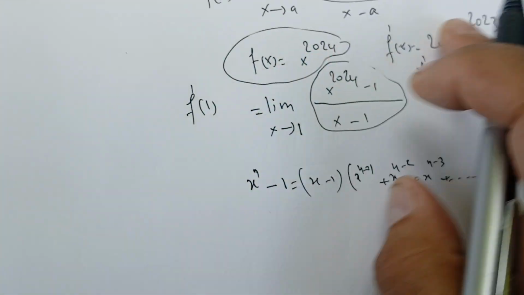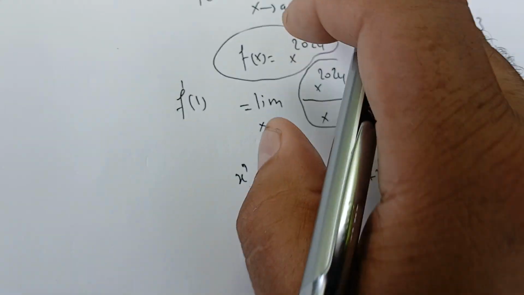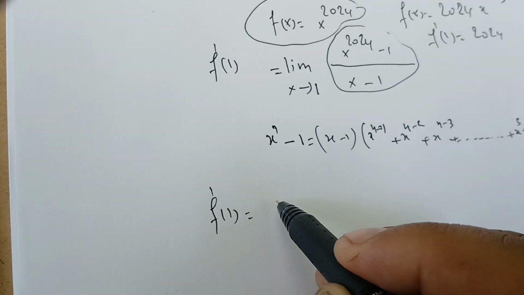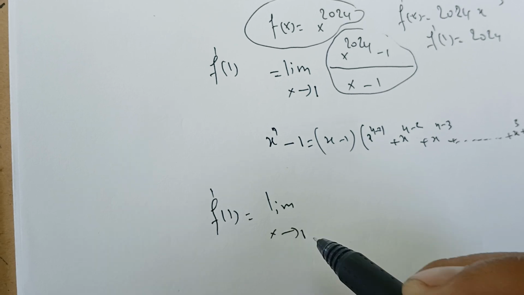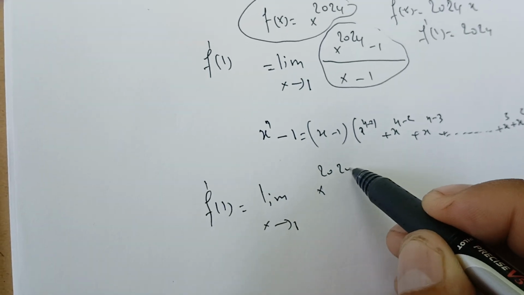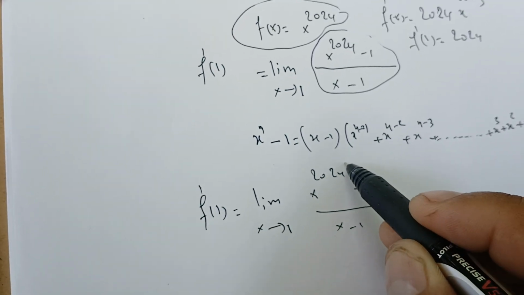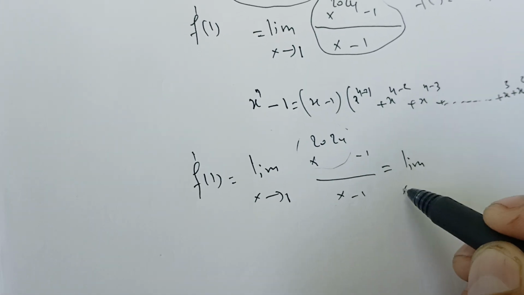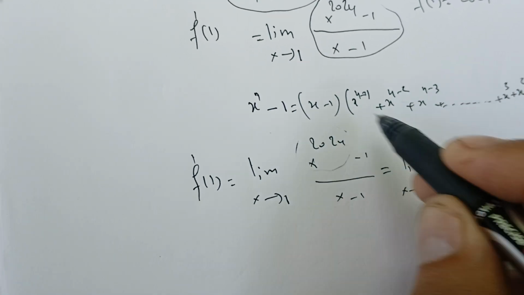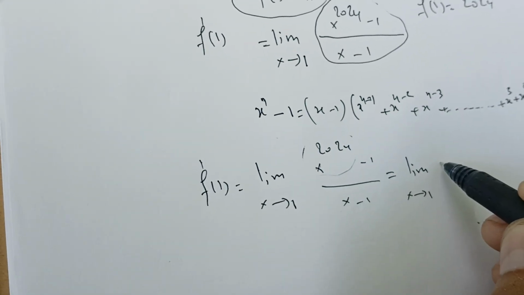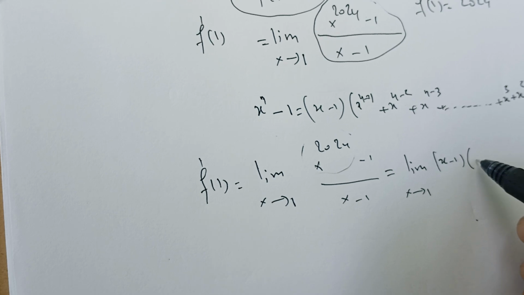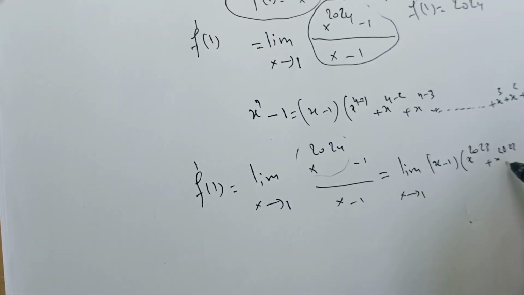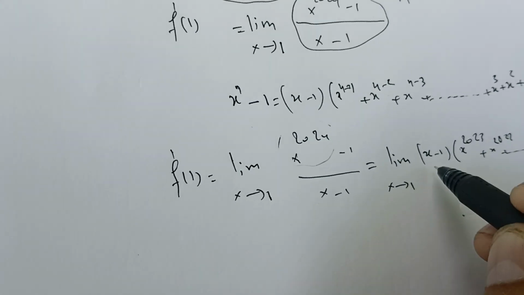Let's use this one here, assuming that we don't see the definition of the derivative here. So f prime at 1 is the limit as x goes to 1 of x to the 2024 minus 1 over x minus 1. Here we're going to use this rule. So the limit as x goes to 1, x to the 2024 minus 1 is x minus 1 times x to the 2023 plus x to the 2022, and we keep going until we get 1, over x minus 1.